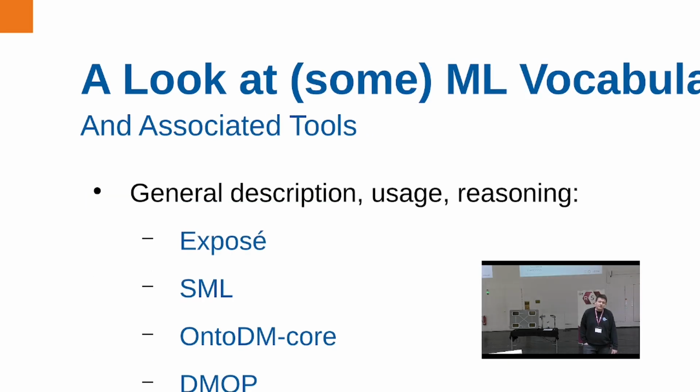So we had a look at some ML vocabularies and ontologies, and I would just like to get an idea. If you have a look at this list of ontologies on the left, have any of you ever heard of one of these or actually used them? No one, okay. It's exactly what I experienced when I talked to ML people at HZDR, so I'm not surprised.